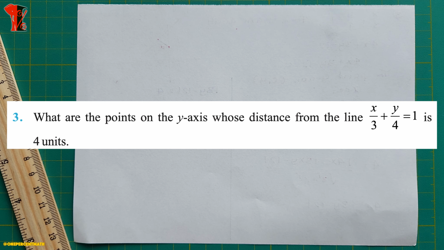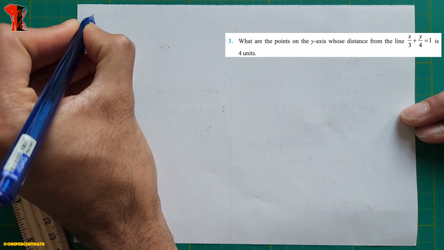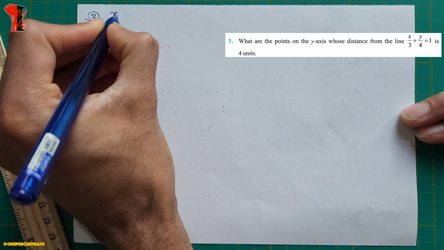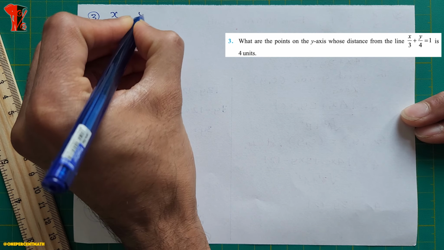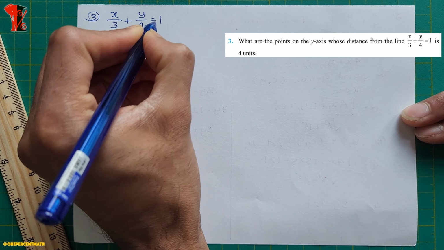What are the points on the y-axis whose distance from the line x by 3 plus y by 4 equals 1 is 4 units? As you look into the third question, it says x by 3 plus y by 4 is equal to 1.